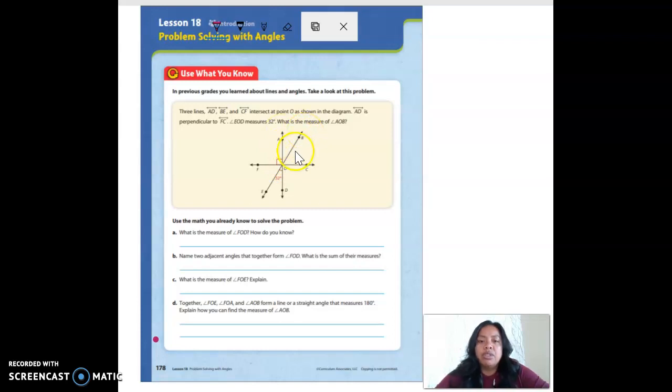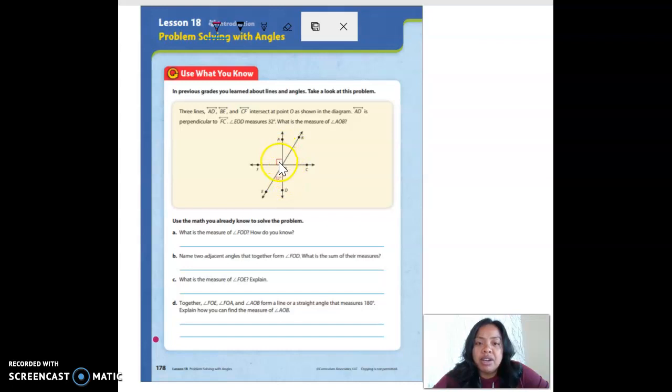Okay, let's go ahead and take a look at the first question. It says, what is the measure of angle FOD? So here's F, O, and D. From the question it says that when these lines intersect here, AD and FC, they were perpendicular to each other.